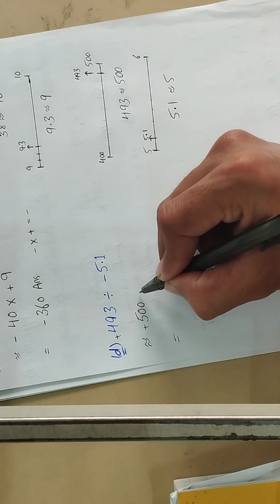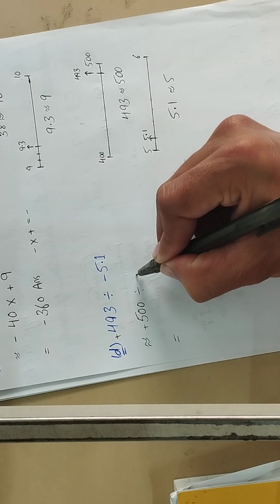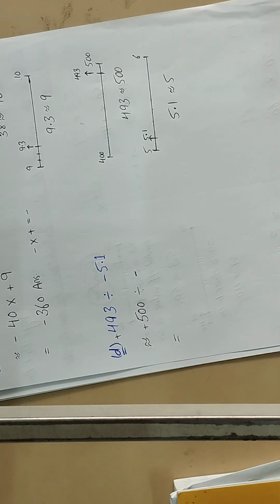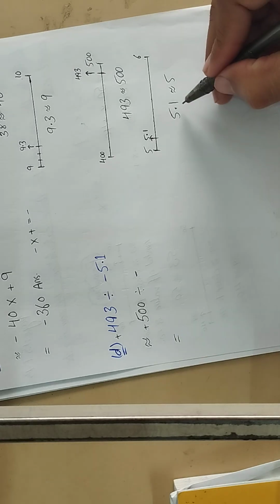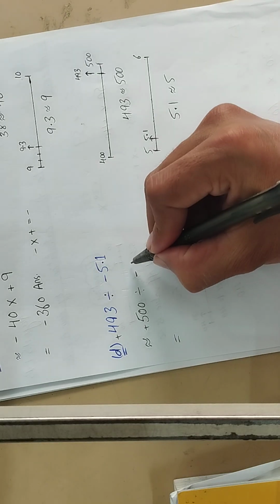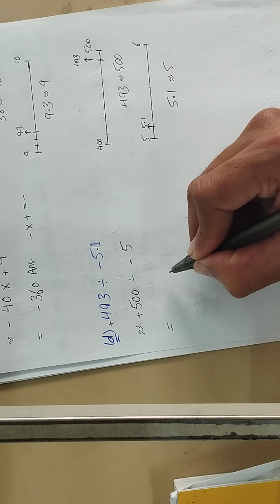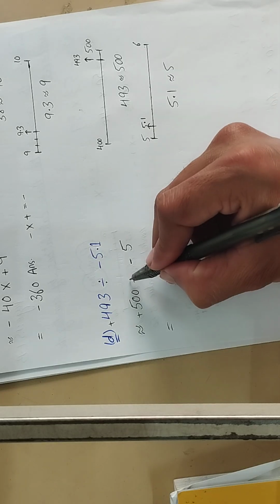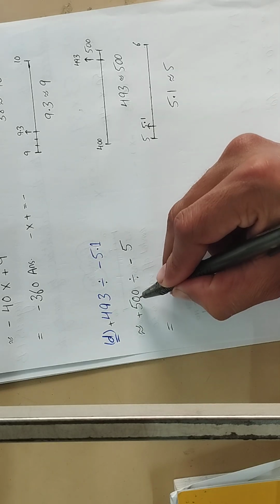Okay, now this division sign, this minus sign, and what is the rounded off value of 5.1? The rounded off value of 5.1 is 5, so it means we should write 5 here. Now what is our next step? It is division.